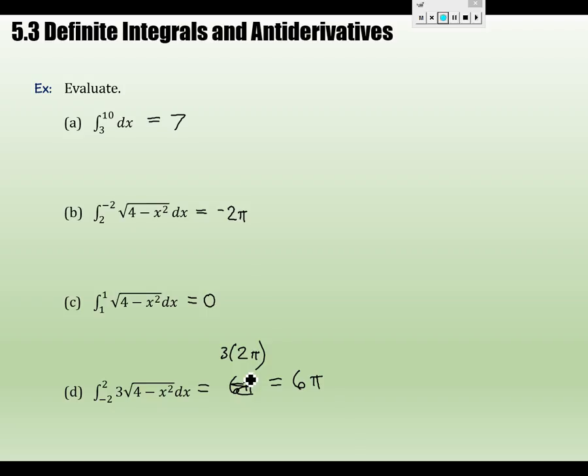Maybe you could also guess at what the volume of an ellipsoid is. Can you imagine? It's just a stretch of a sphere in one or more directions. Think about what the volume formula might be for that too. You know, throw that out there.